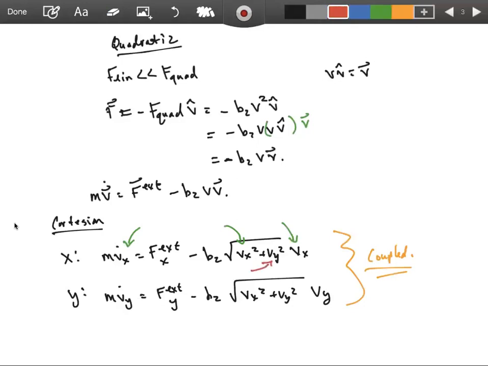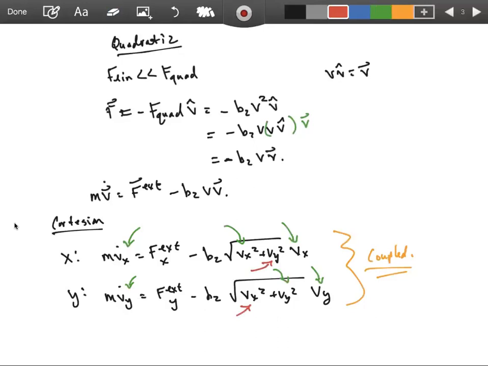So whatever's happening in the x direction depends both on what's happening in the x and in the y direction. And same thing here. The instantaneous acceleration in the y depends on the instantaneous velocity in the y, but it also depends on the instantaneous velocity in the x, which again means that these are fully coupled with each other.